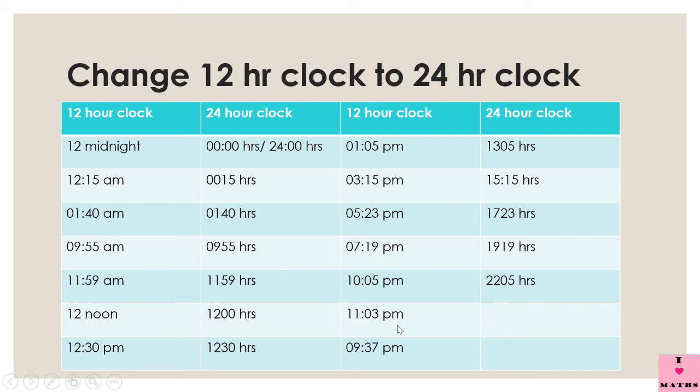Now 11:03 p.m. Since it is p.m., again we will add 12 to the hours and the answer will be 2303 hours. 9:37 p.m. Here also we will add 12 to 9 and the answer would be 2137 hours.